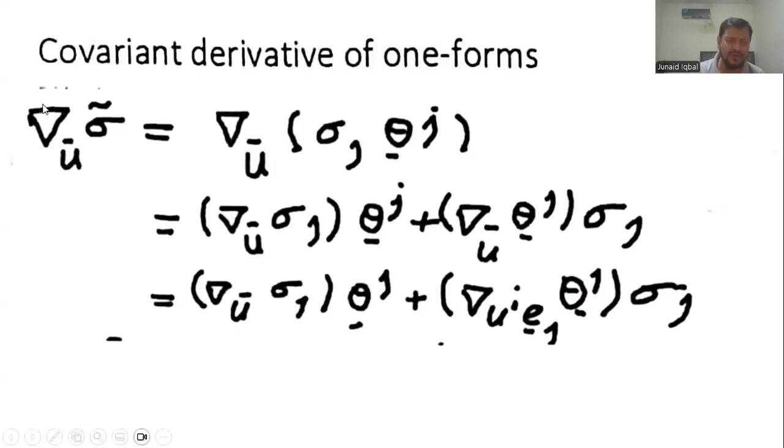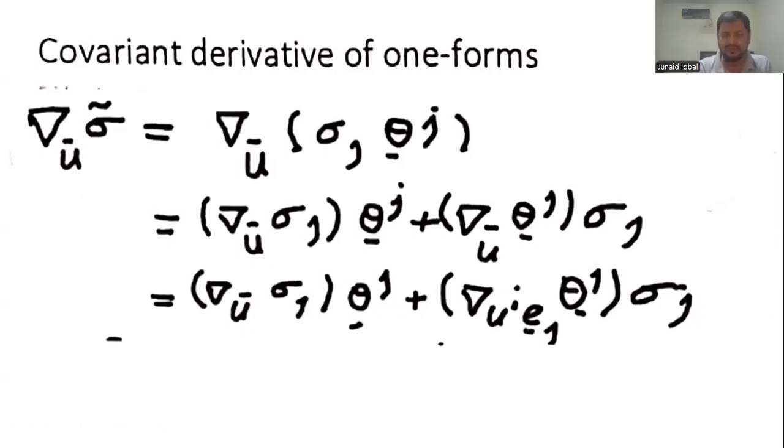Similarly, we compute the covariant derivative of a one form. Here sigma is a one form. We know the one form can be written as sigma sub j theta super j. So again, we apply the multiplication rule of differentiation. We first take the covariant derivative of sigma_j with respect to u, theta^j as it is, plus the covariant derivative of theta super j with respect to u vector and sigma_j as it is. However, u is equal to u^i e_i.